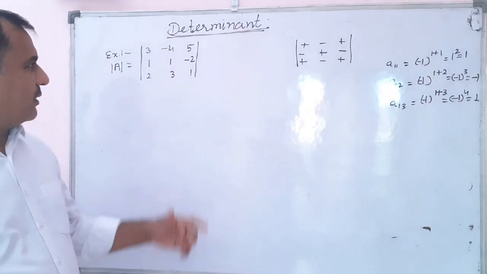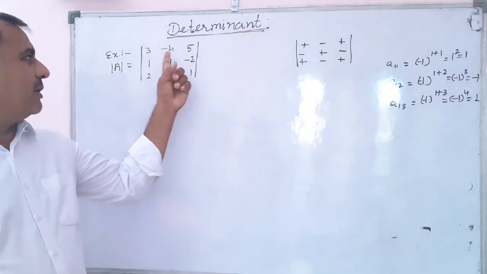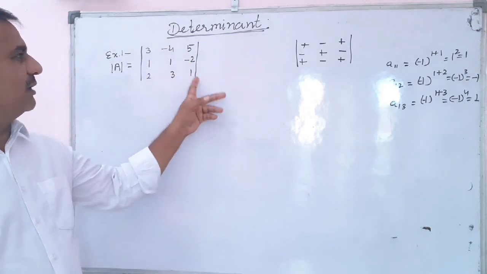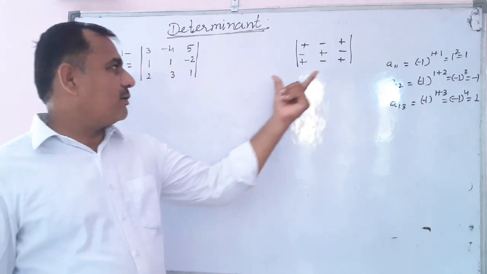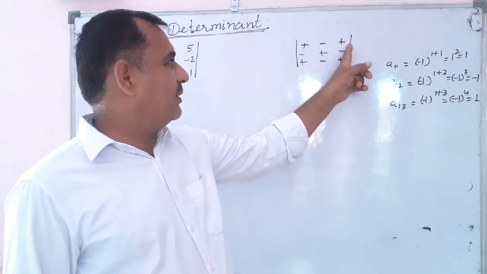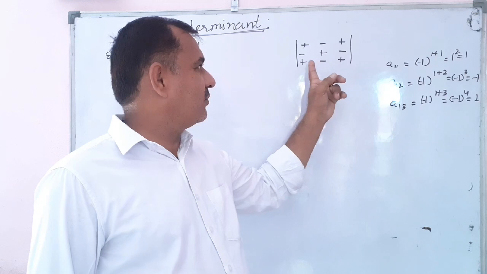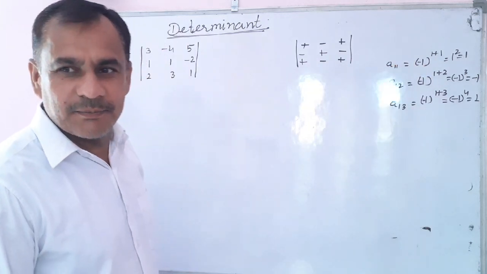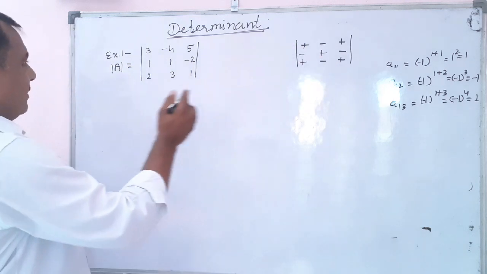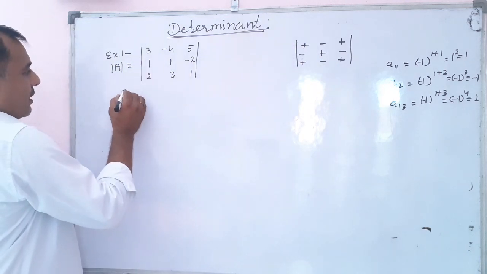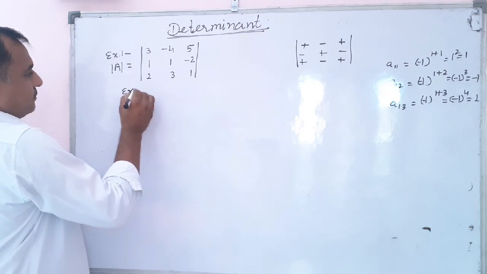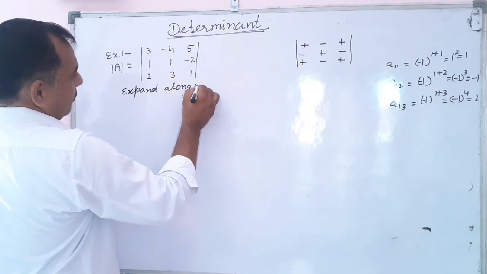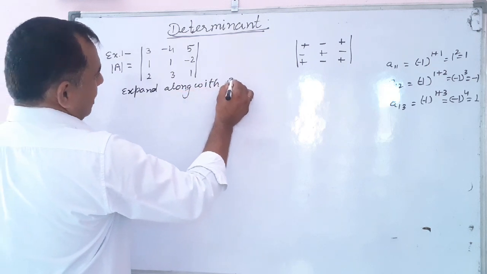For example, this determinant: |3 -4 5; 1 1 -2; 2 3 1|. Signs according to this: plus minus plus, minus plus minus, plus minus plus, otherwise this, as you like. Now expand along R1.